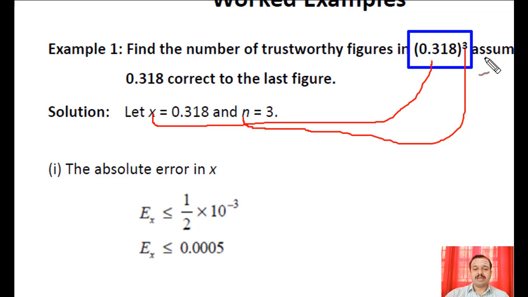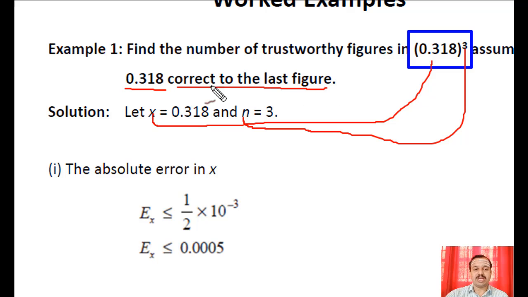Assuming that 0.318 is correct to the last figure. We are making an assumption here that in this number x, 0.318, it is correct up to the last figure.